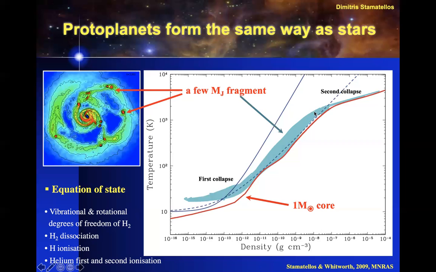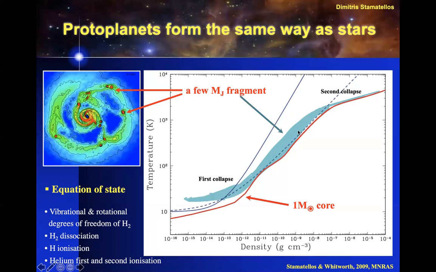And then this heating, with a gradual increase of the density, continues until the temperature reaches about 2000 K up here, when molecular dissociation happens and the second collapse occurs. So here you have the first collapse and the formation of the first opaque core, and then the second collapse that forms the protoplanet.